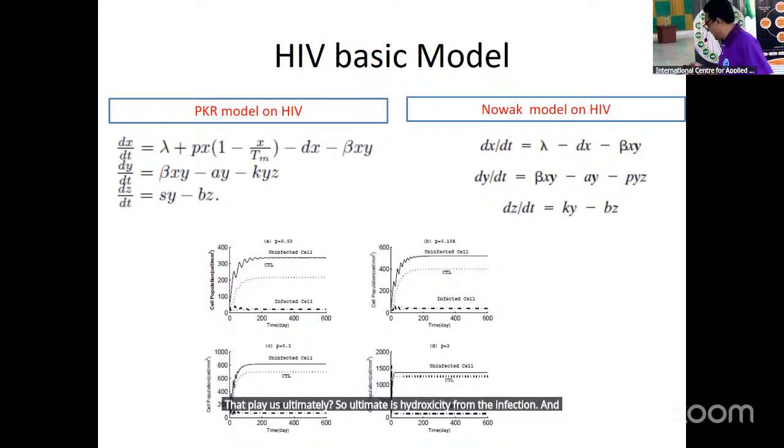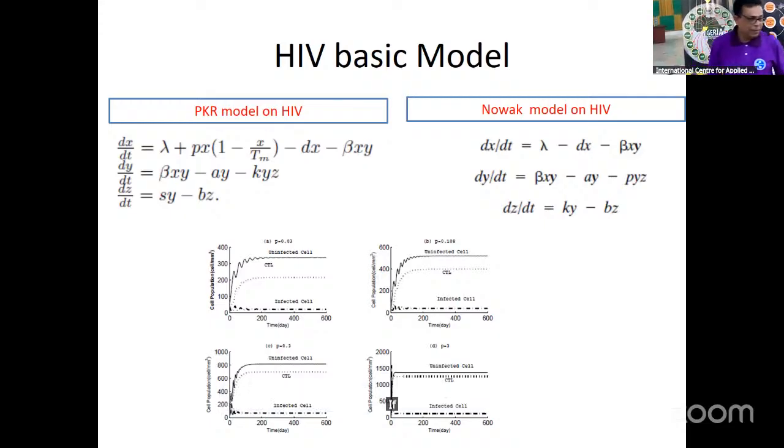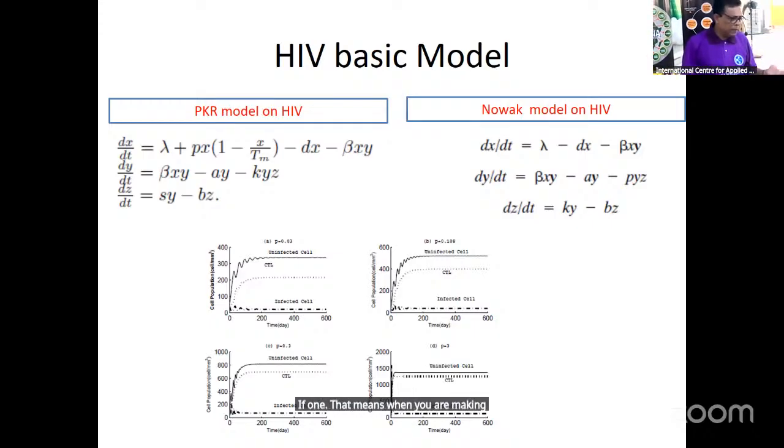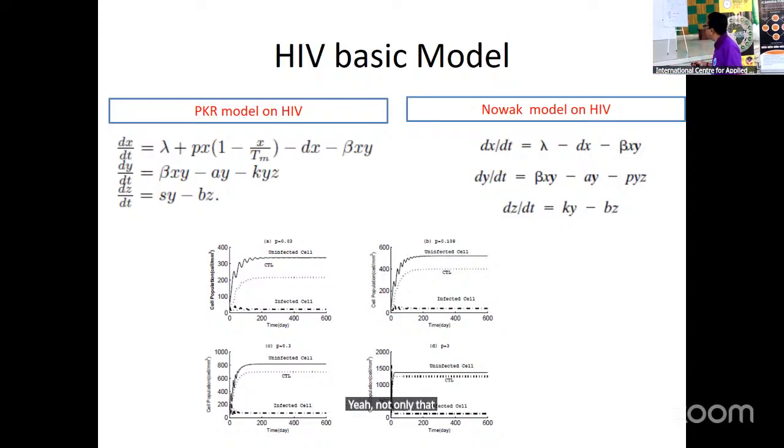That's why, when we formulate the mathematical model of the rate of change of cytotoxic lymphocytes, dZ/dt, the term is different. And even this Z has a mortality rate, which has been revealed here.